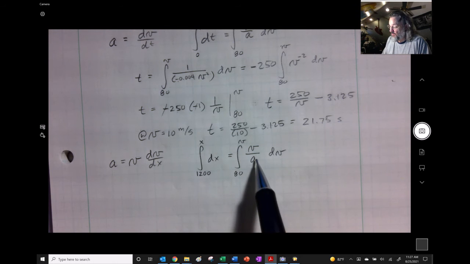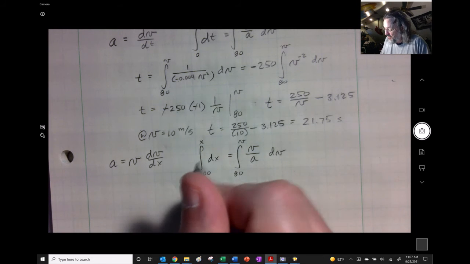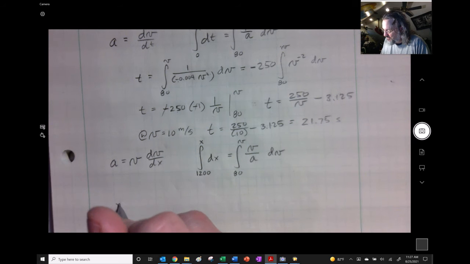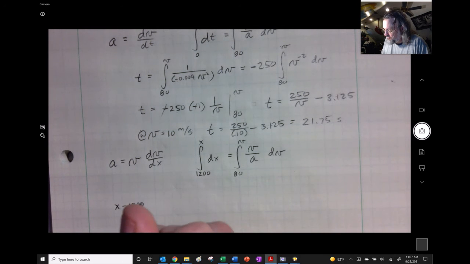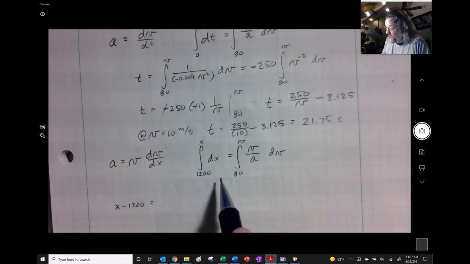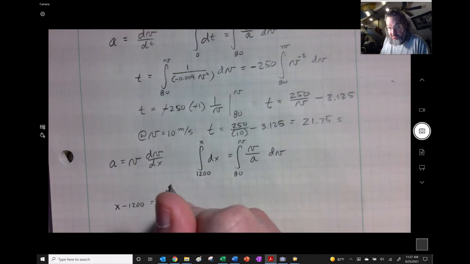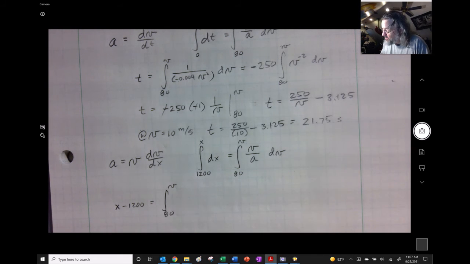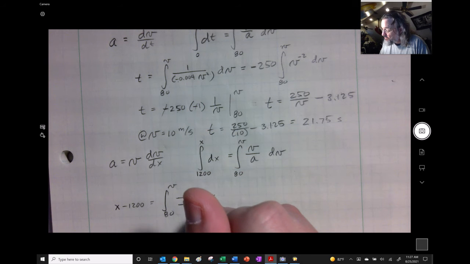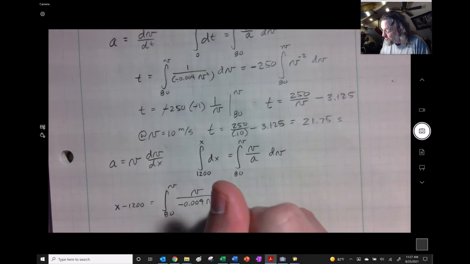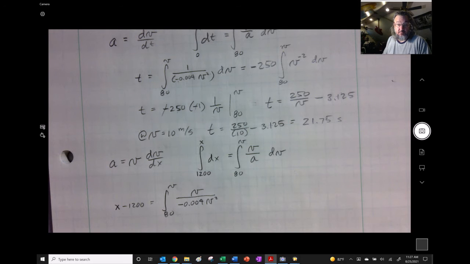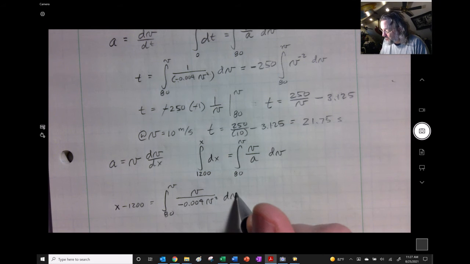So let's plug in what we know for a. I'll do this over here, x minus 1200. That's all that is right there, and it is equal to the integral from 80 to v of velocity divided by negative 0.004 v squared dv.